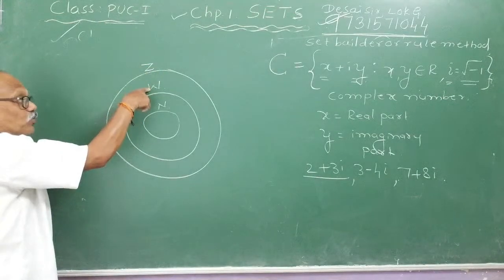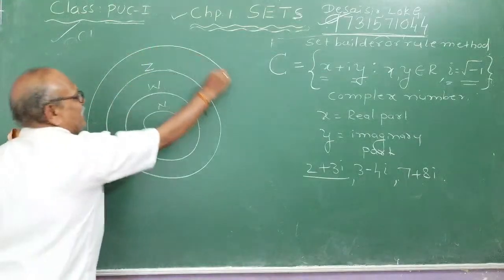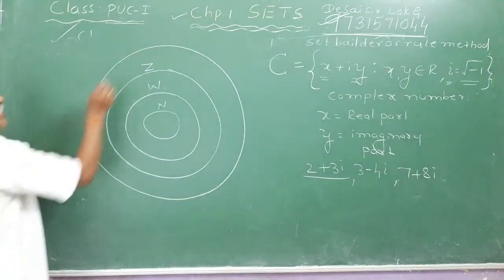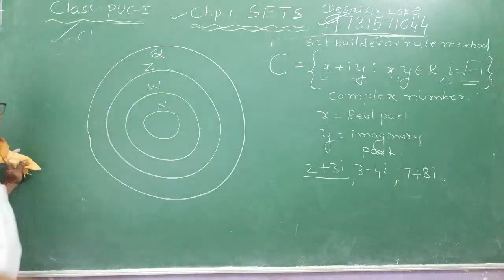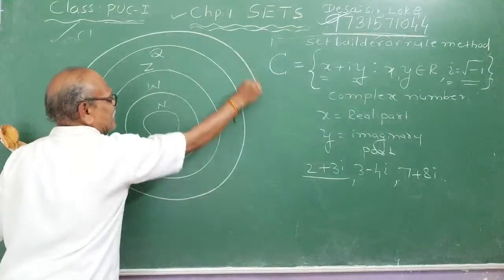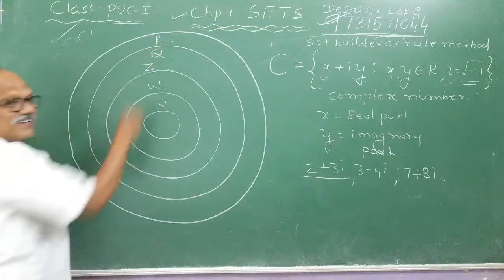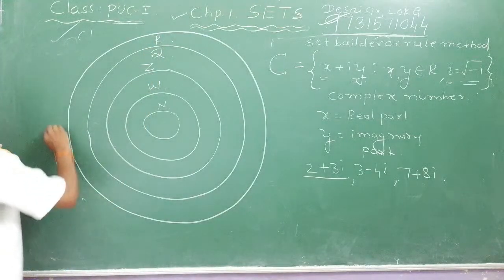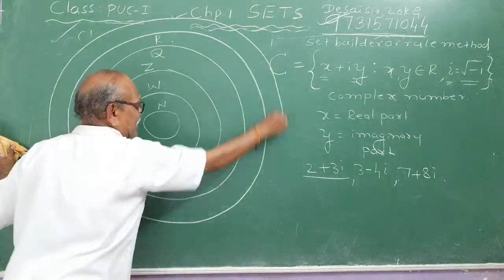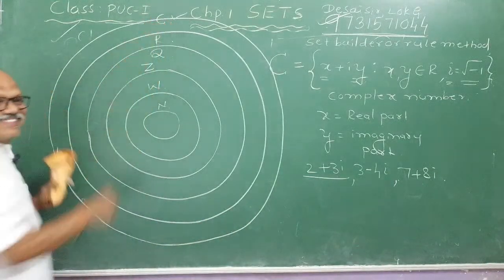Integers will contain both whole numbers as well as natural numbers. And a bigger set than this is Q, which means rational numbers. And a bigger set than this is the set of real numbers. And our biggest set known up to date is the set of complex numbers.